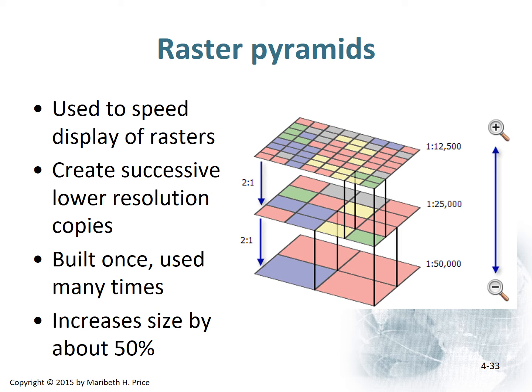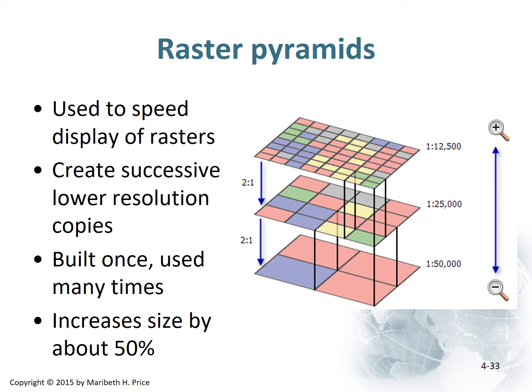Raster pyramids speed up the display, and the way they do that is they create successive lower resolution copies. Now you remember how as your resolution increases, your data volume goes up exponentially. So to go from 1 to 50 to 1 to 25, or 1 to 25 to 1 to 12.5, that means that the volume of data goes up through the roof.